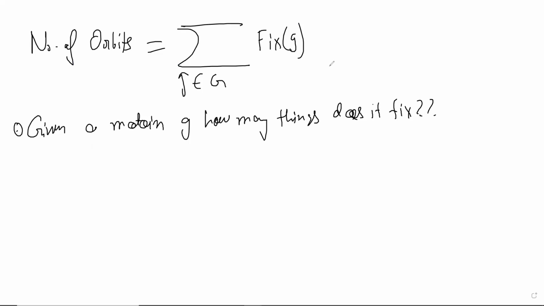This is what is known as Burnside's lemma. I'd suggest not spending too much time on this, otherwise you'll get deviated. It even holds for infinite sets on a cardinal arithmetic level. Given a motion G, how many things does it fix is what we want to know. If you can find a technique for that, then it's done.